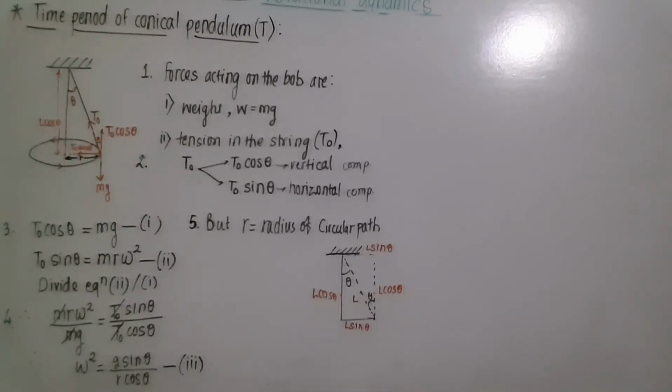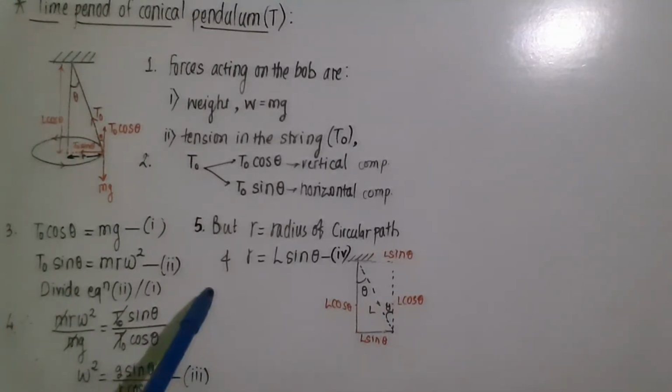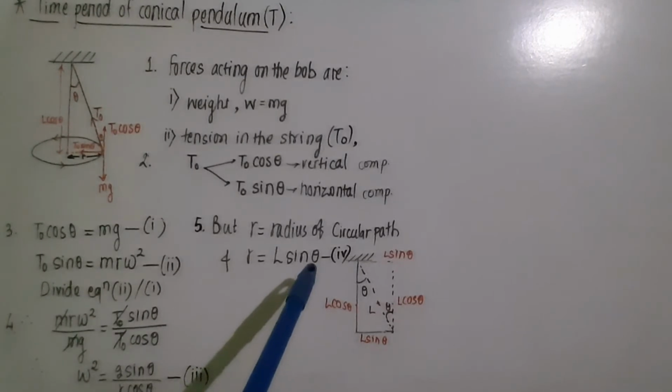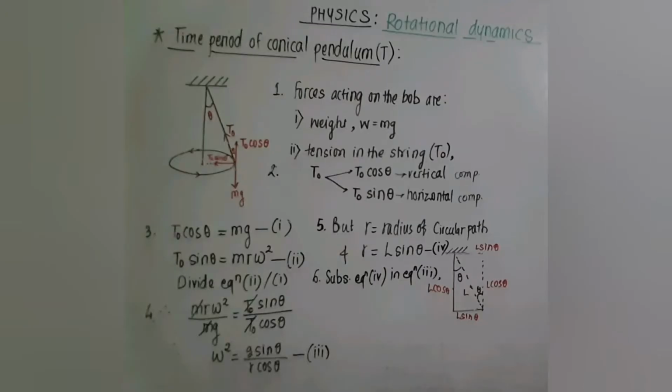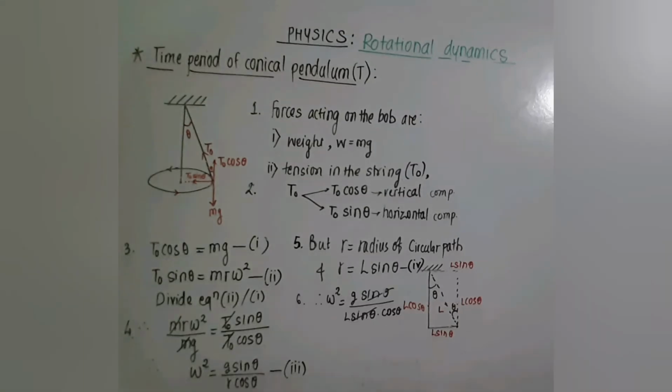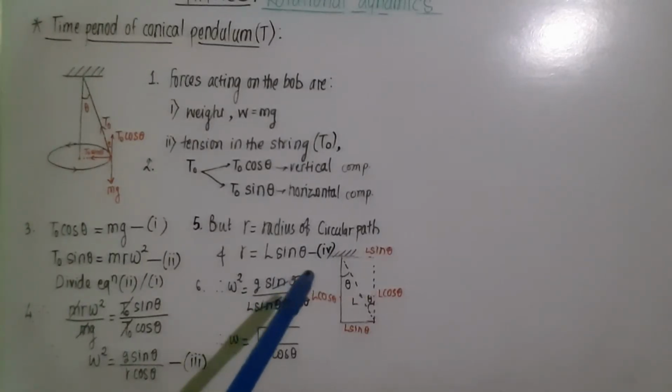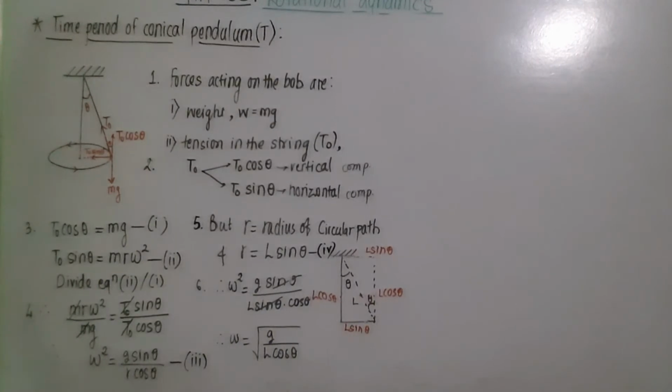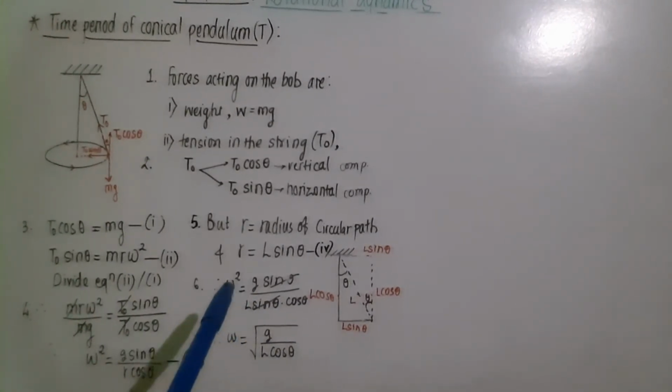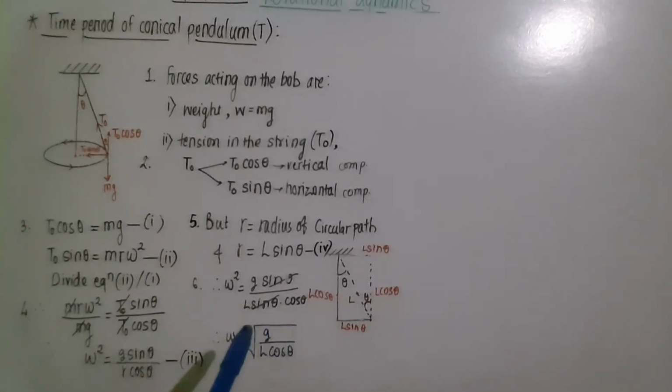So we can write r is equal to L sin theta. Let this be equation 4. Now substituting equation 4 in equation 3, we get omega square is equal to g sin theta upon L sin theta into cos theta, and therefore omega is equal to under root g upon L cos theta.